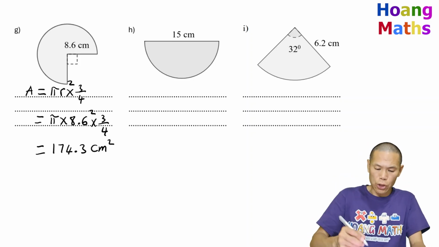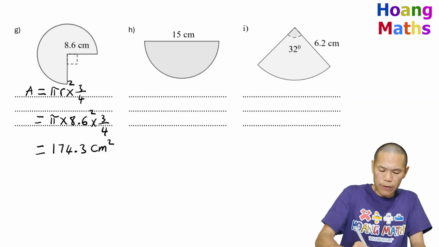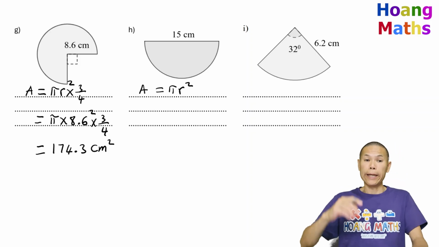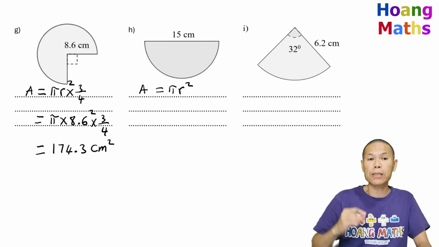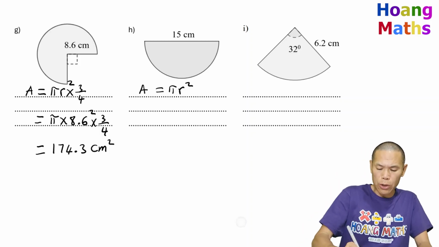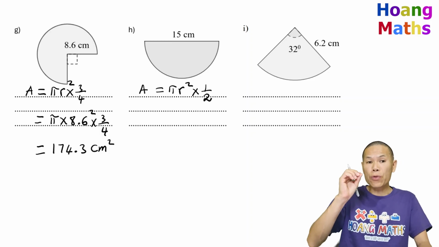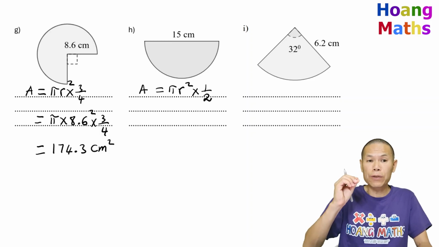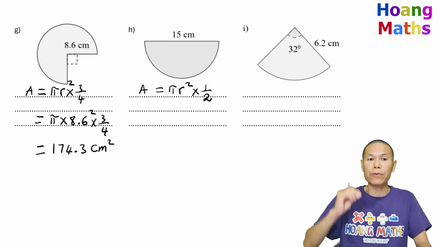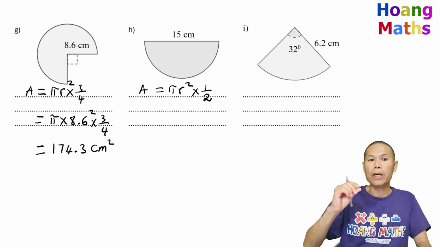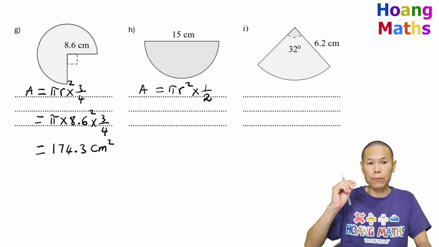Now part H. So we know that area of a circle is pi r squared. And in this case, it is half of a circle. So we just divide by 2. Or we can times a half. And we know that the diameter is 15. The radius will be half of this. So half of 15 is 7.5, right?